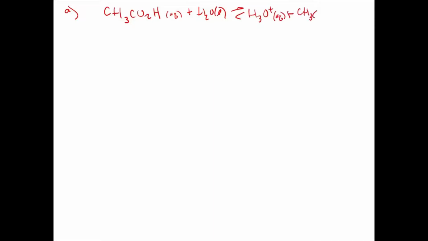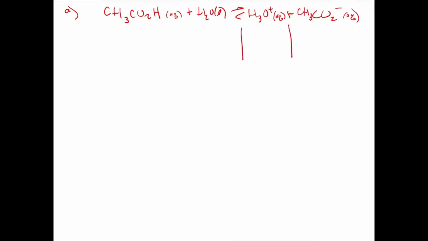So part A, let's look at the reaction. Let's go ahead and write it down for acetic acid. We have CH3CO2H aqueous plus H2O liquid, equilibrium H3O plus aqueous plus CH3CO2 minus aqueous.